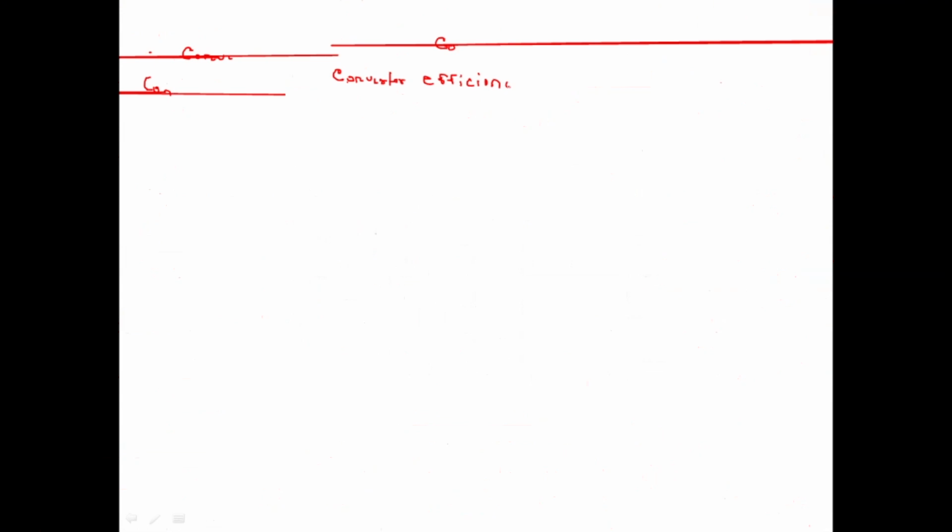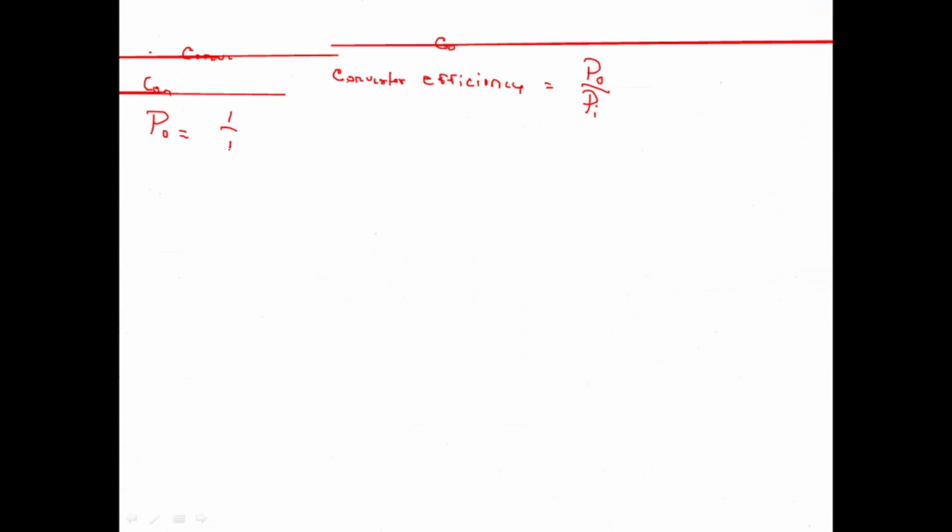Converter efficiency is P0, the output power, by the input power. So what is P0 now? P0 we need to calculate. So what is the formula?